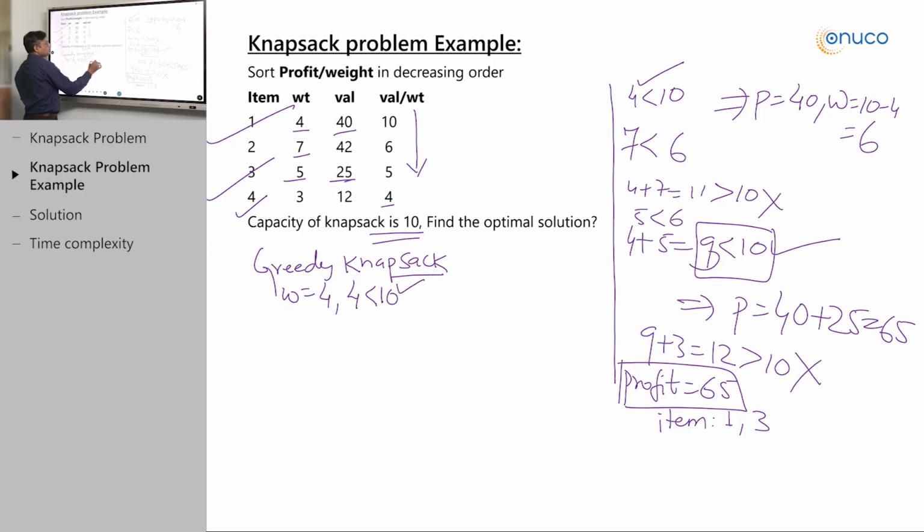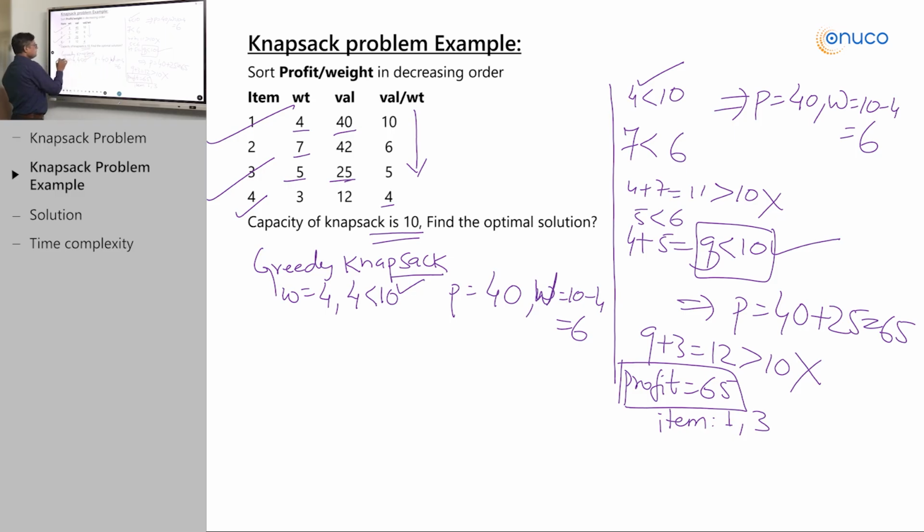Yes. So what is the profit? 40. Right? And what is the remaining weight? Remaining weight is 10 minus 4 is 6. Right? So capital W is 6 now. 6 kg you can still add.